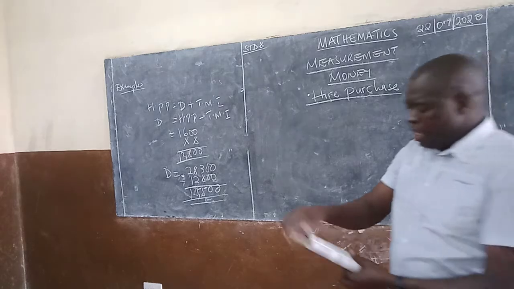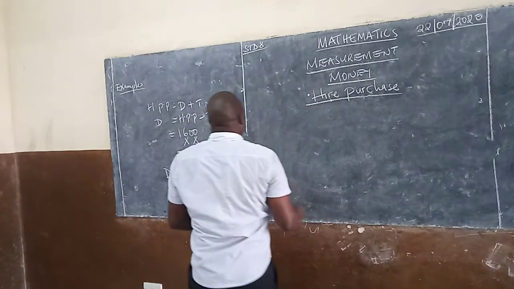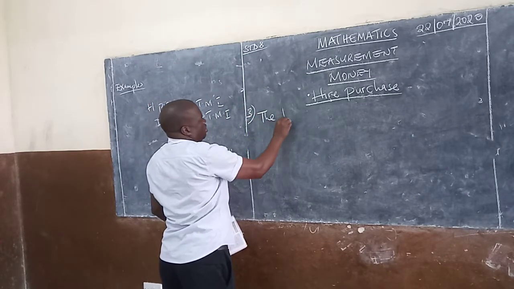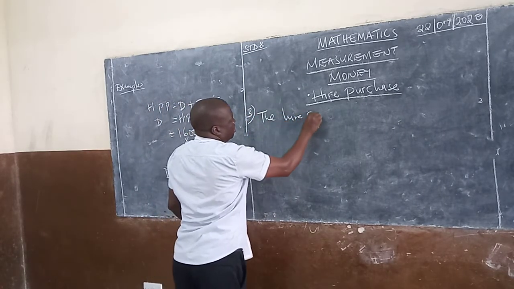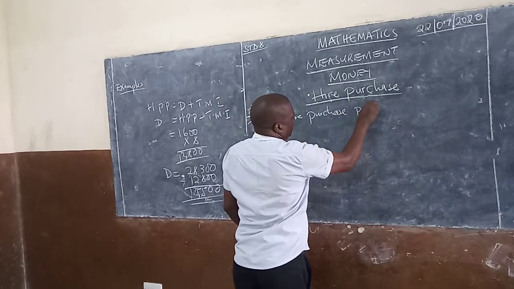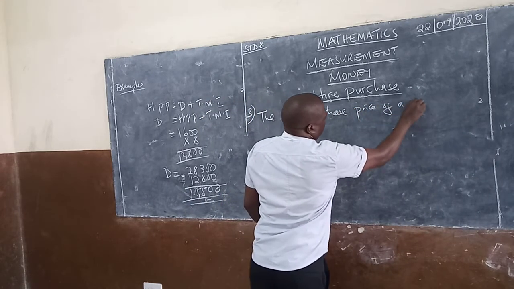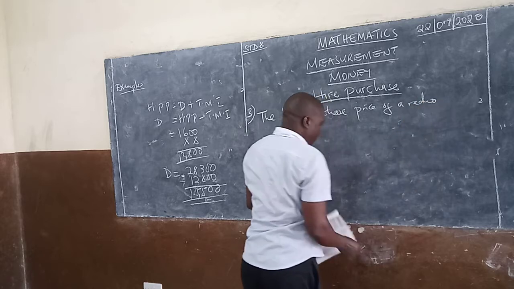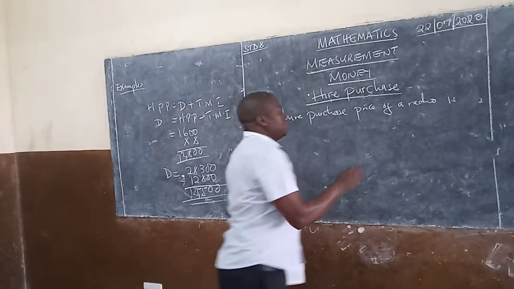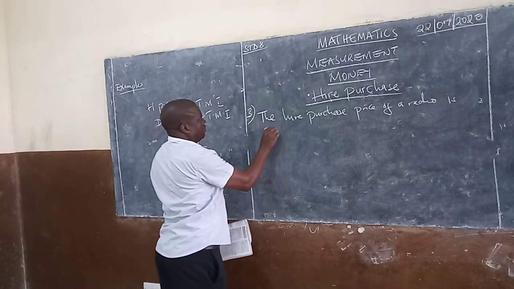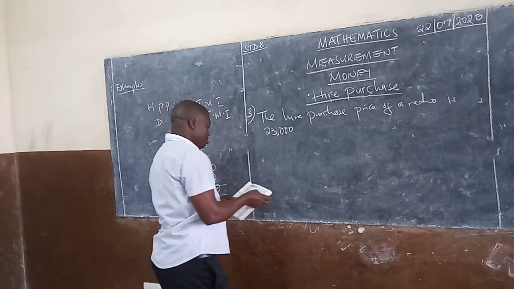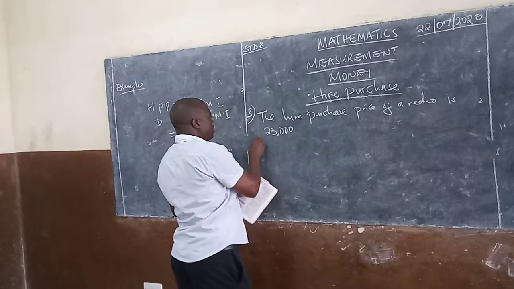The hire purchase price of a radio is 23,000. Of course, it is shillings.